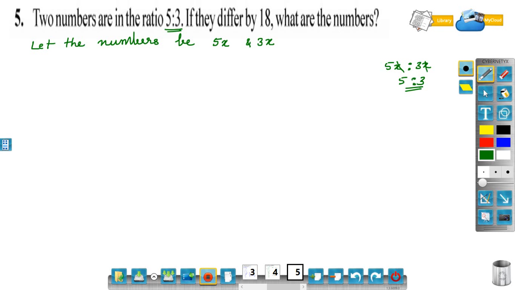We can't take the two numbers as 5 and 3 because we don't know what the numbers are. So we have to take the numbers as 5x and 3x when the ratio is given. If the ratio is 5:3, then the numbers are 5x and 3x. You can take any variable, no need of taking x only. You can take 5y and 3y also.